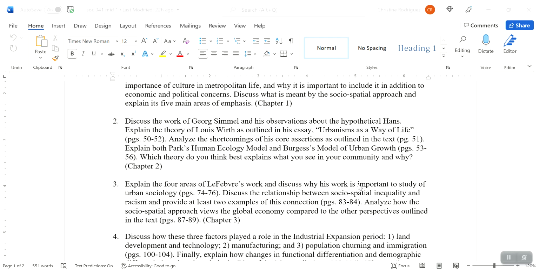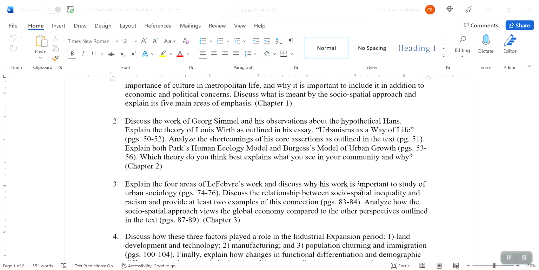And so you know that he went into great detail about this hypothetical Hans, and Simmel went through the daily life of Hans from when he got up in the morning until he went to work, and then after work, and what his life was outside of work. And so when you discuss his work and his observations about this hypothetical Hans, you want to include that detail of the various parts of Hans's day and how Simmel described how Hans's day would have been.